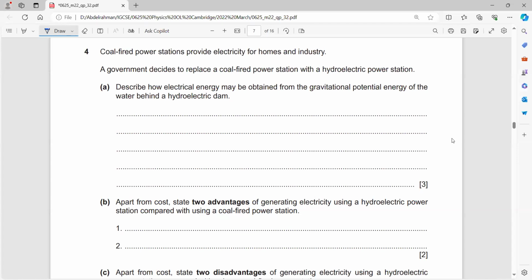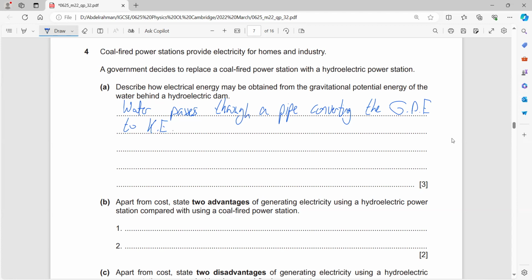We have a dam and we have some water behind the dam. This water rises to a certain level and the gravitational potential energy of this water increases. Then what happens? The water passes through a pipe, converting the gravitational potential energy to kinetic energy.